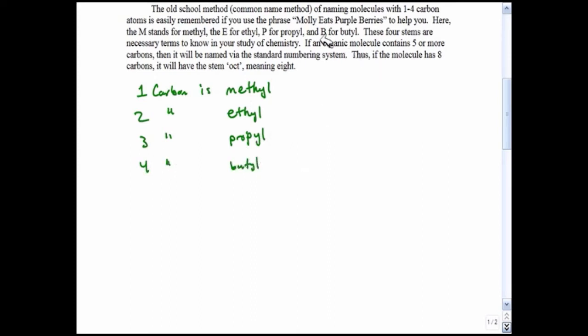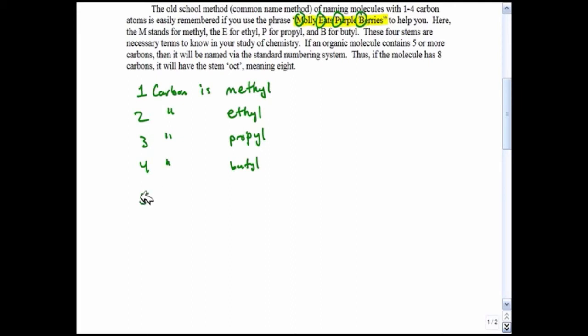The way I remember it is the saying, Molly eats purple berries. I know it seems silly, but it gives them in order: methyl, ethyl, propyl, butyl.